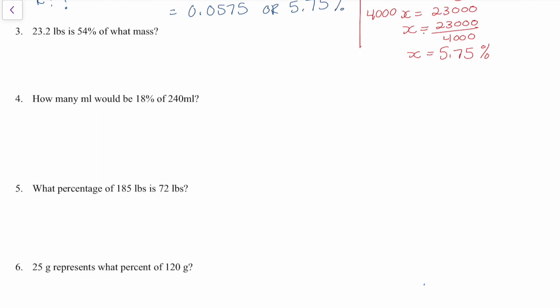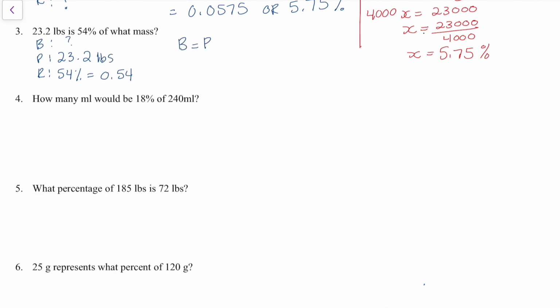Okay, so question number 3. If we're looking at our base portion rate method, we're saying 54% is our rate. 23.2 pounds is 54%, so that is our portion. And I'm looking for my base.